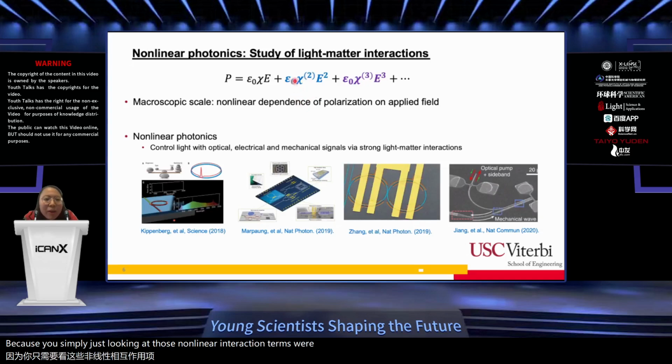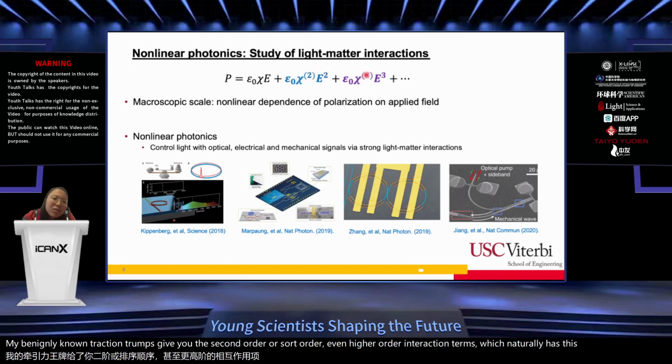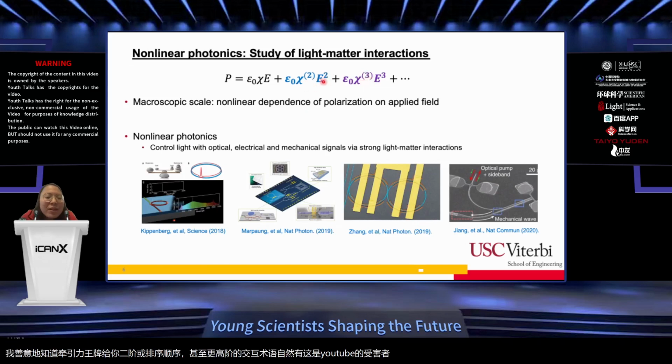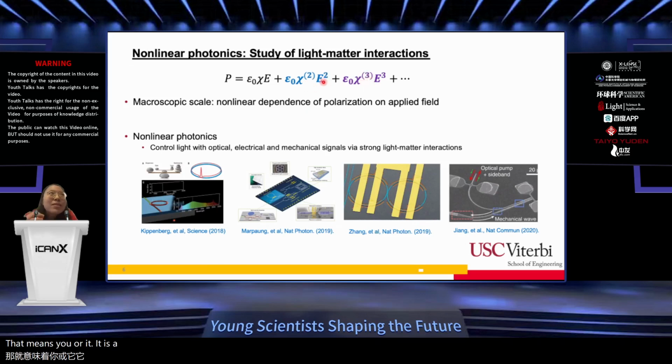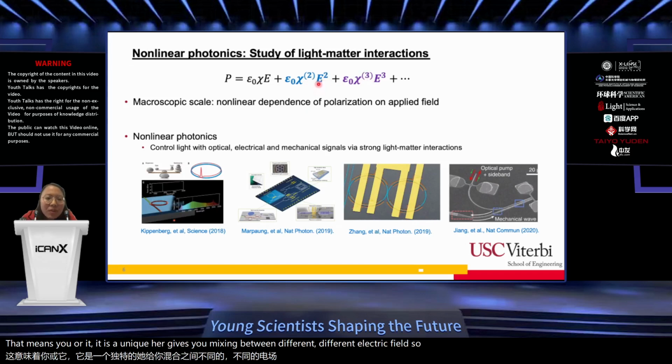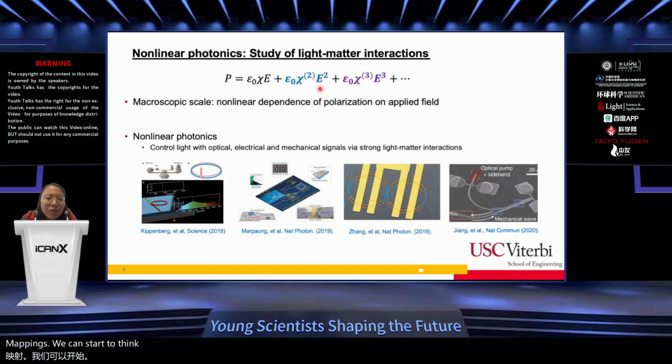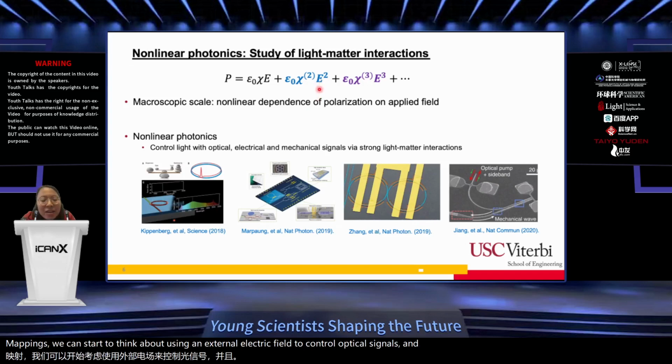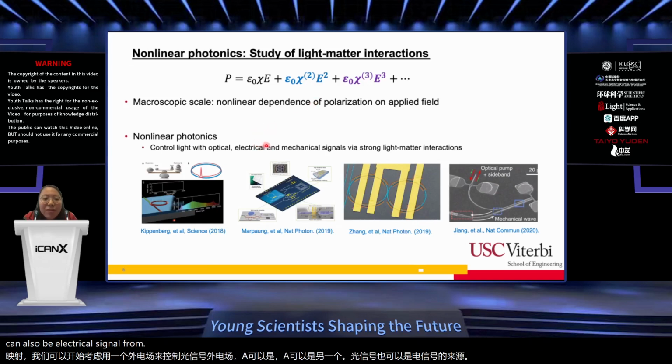The nonlinear interaction terms give you the second order, third order, even higher order interaction terms, which naturally have these E square, E cubic terms. That means in nature, it gives you mixing between different electric fields. So that means we can start to think about using an external electric field to control the optical signal. And the external field can be another optical signal, an electrical signal, or even a mechanical signal.